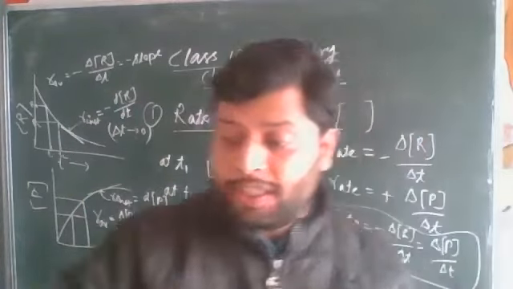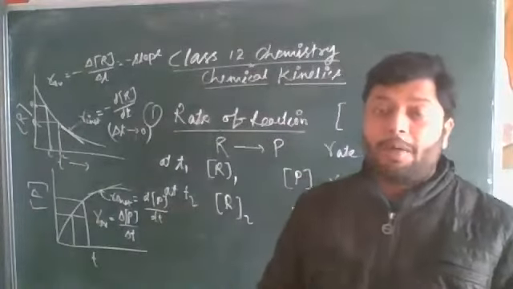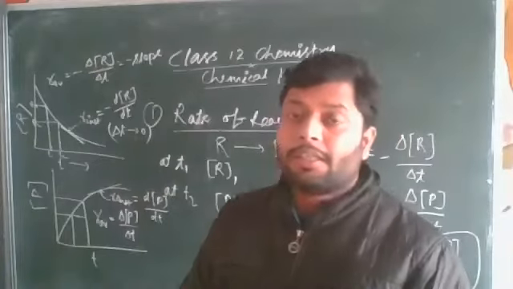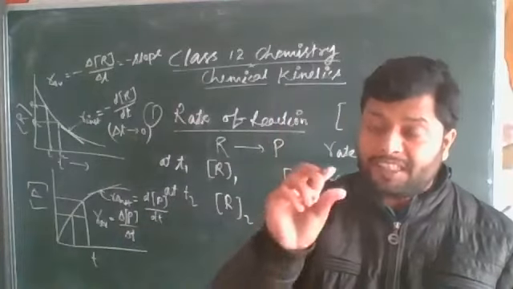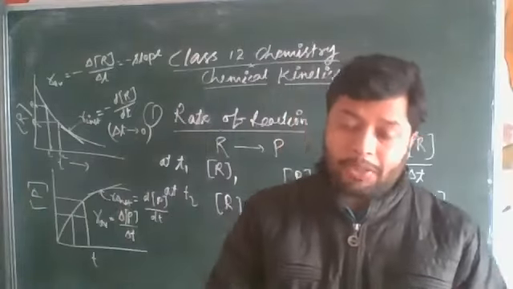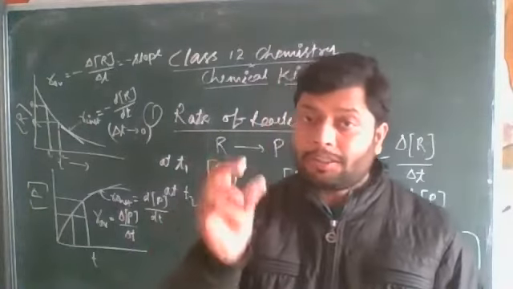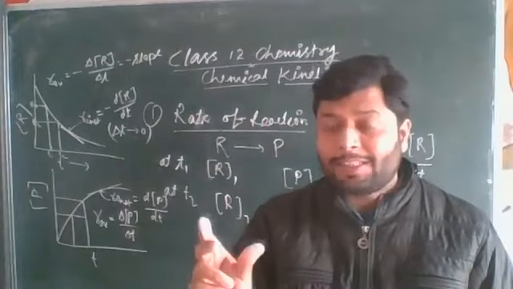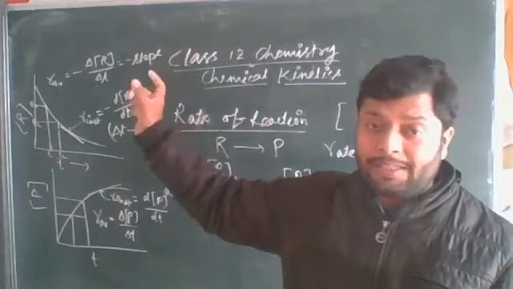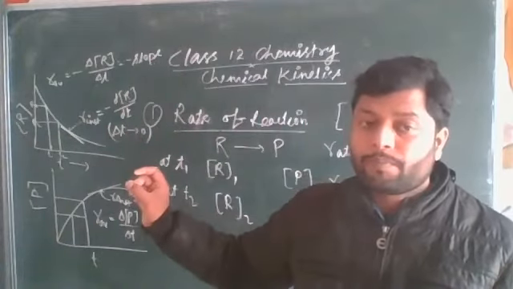So these two different graphs explain at which rate the consumption or disappearance of reactants takes place with the passage of time. At the same time, at which rate the appearance or production of the product takes place with the passage of time, and we can calculate it with the help of a large difference or a small difference, that is called delta T limit to 0.